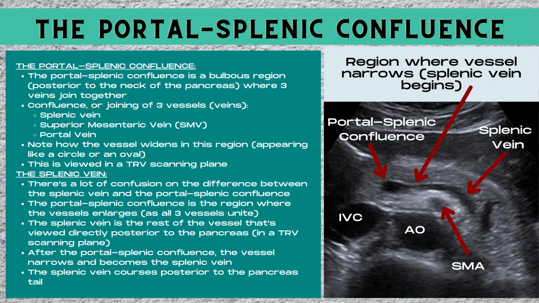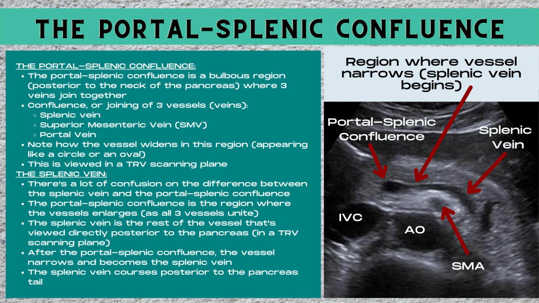Next, let's talk about the splenic vein, and there's a lot of confusion on the difference between the splenic vein and the Portal-Splenic Confluence. The Portal-Splenic Confluence is the region where the vessel enlarges as all 3 vessels unite. The splenic vein is the rest of the vessel that's viewed directly posterior to the pancreas in a transverse scanning plane. After the Portal-Splenic Confluence, the vessel narrows and this becomes the splenic vein.